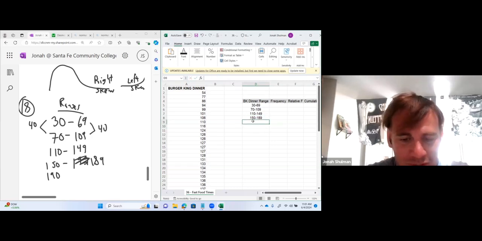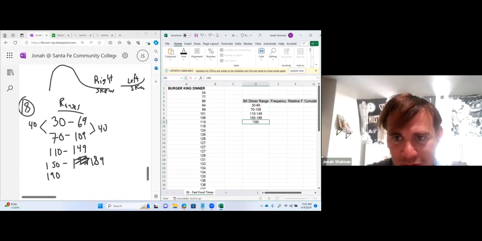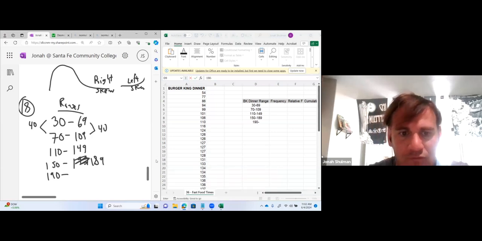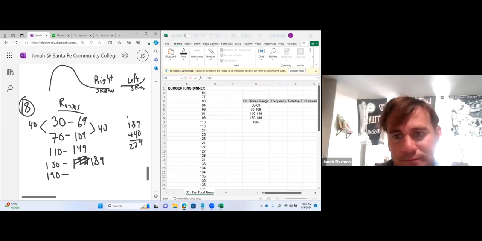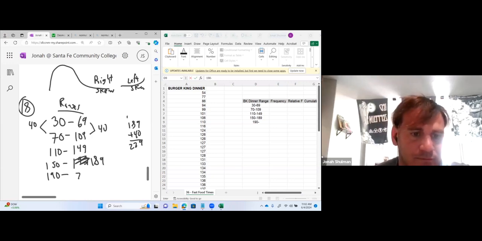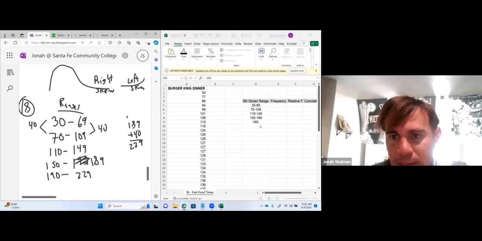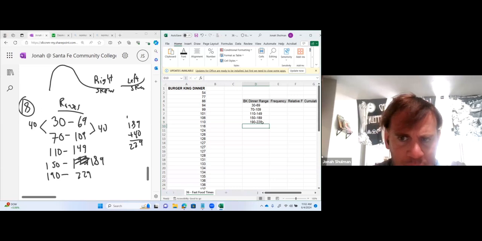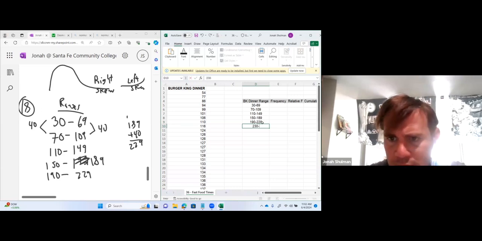We're all human. So the next one's 190, 40 more than this. So 189 plus 40. You could do them by hand on the side if you want. 189 plus 40 is a 9. It's a 2. It's 229. The next one is 230.